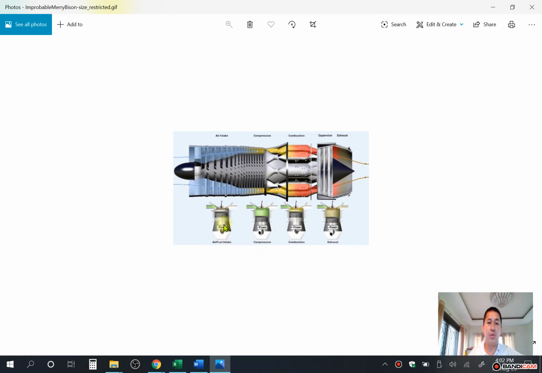So there is also intake, compression, power and exhaust. So here also is intake, compression, power here, and exhaust here. So it's the same, but this is a rotary engine.